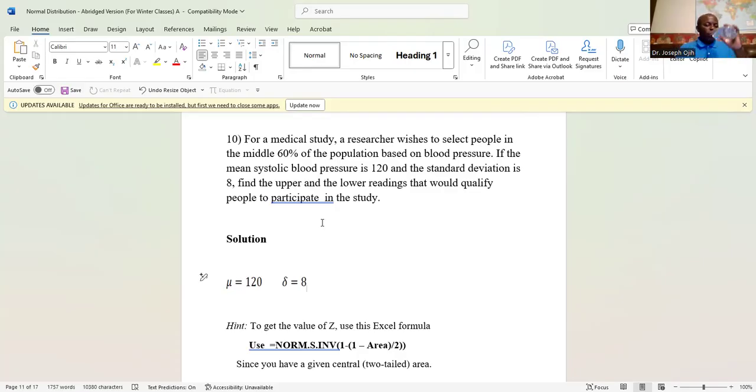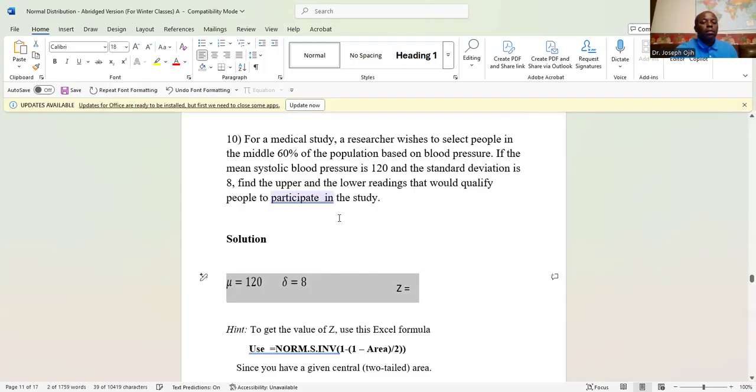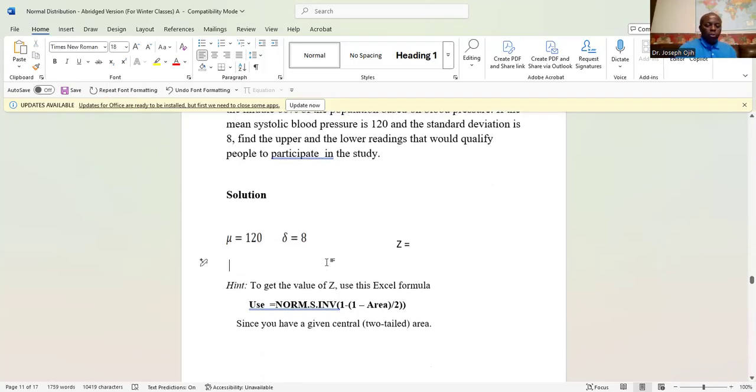So we need Z. But before we calculate, I want to show you something.